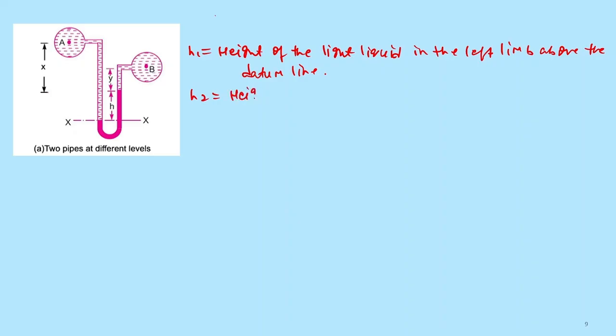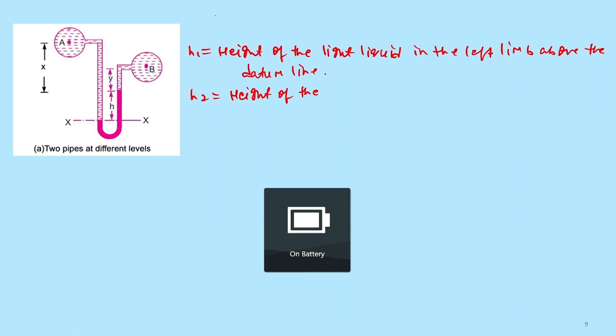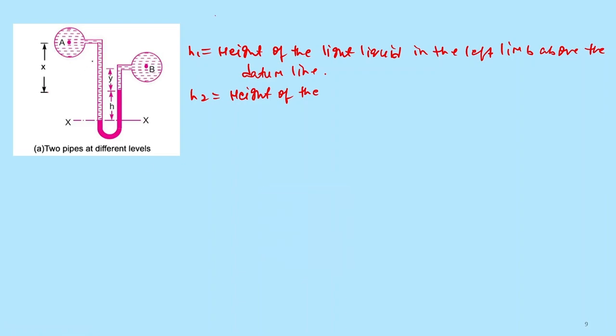H2 equal to height of the liquid in the right limb above the datum line. You can take H1 from this side to this side as H1.